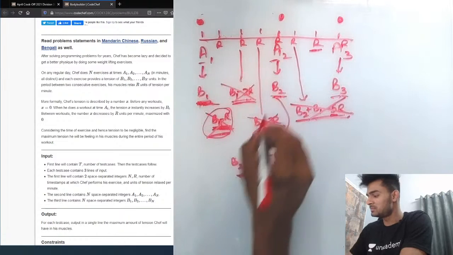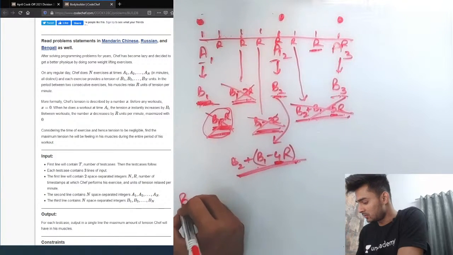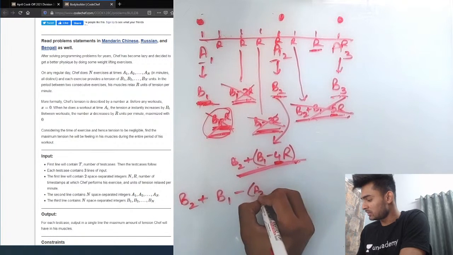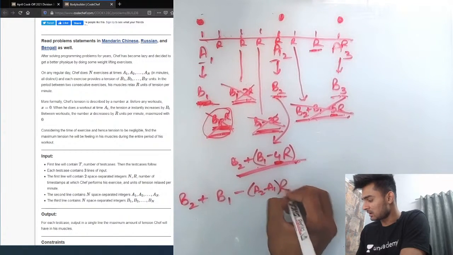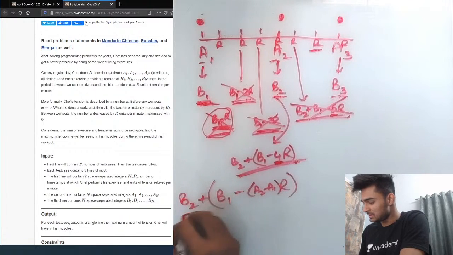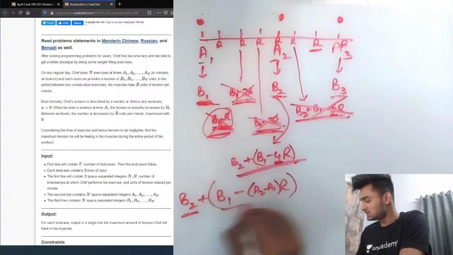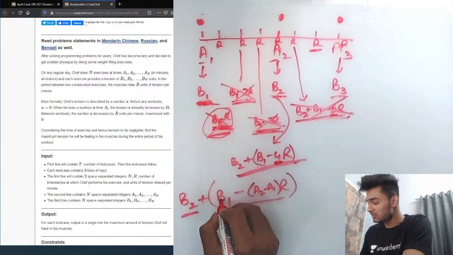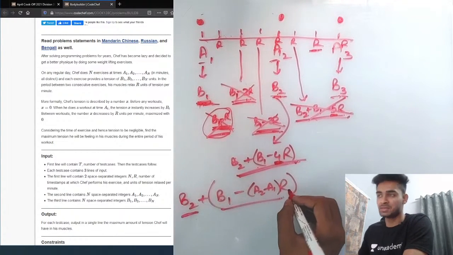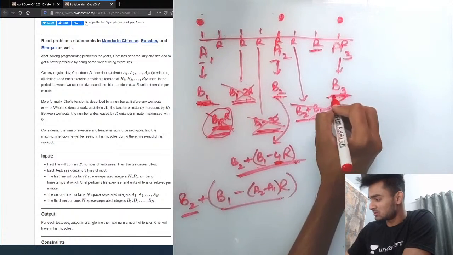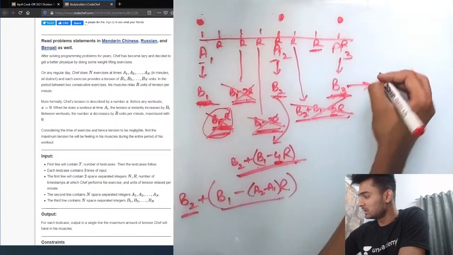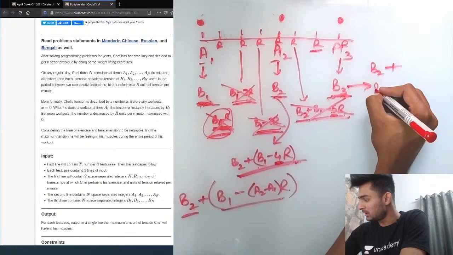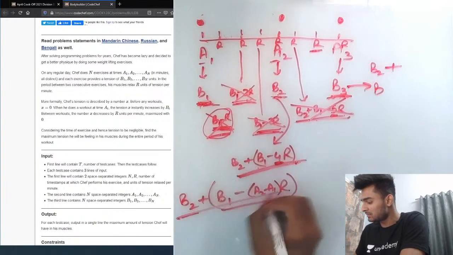So the tension at this B2 is going to be B2 plus B1 minus (A2 minus A1) times R. This is the tension that we got, and this is the tension coming from the previous step. The previous step tension is B1 minus (A2 minus A1) times R. Similarly for this, the tension is going to be B3 plus B2, but this B2 is going to be the updated B2.